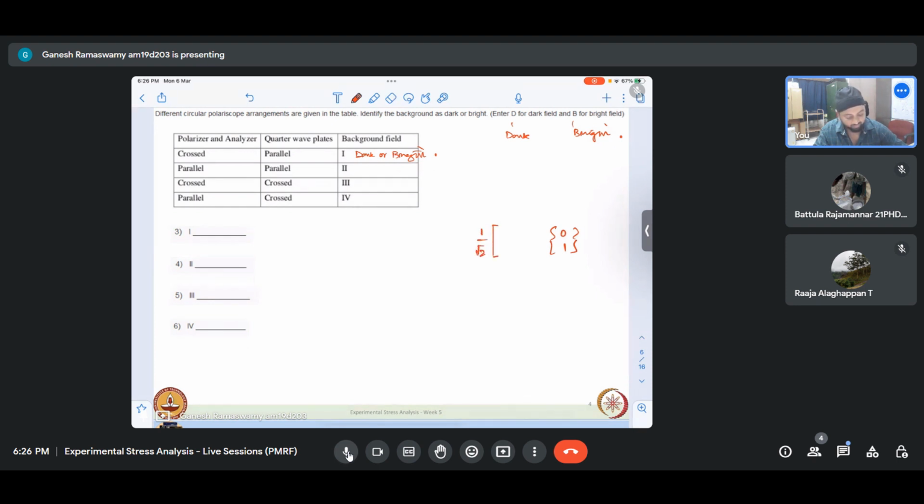Then I have my second quarter wave plate. Here I am looking at the background intensity, so I did not include the model's matrix. If I keep the quarter wave plates parallel, that implies that my second quarter wave plate is the same as the first, and my polarizer and analyzer are crossed. So because this is the y component, I have to look at the x component.